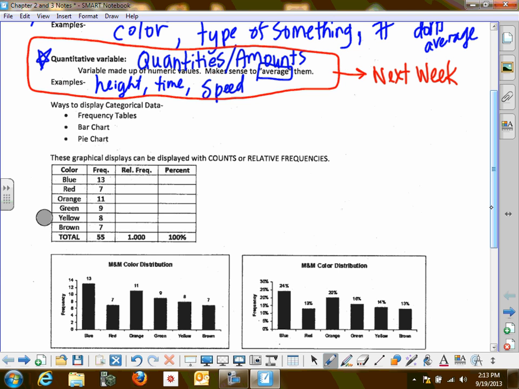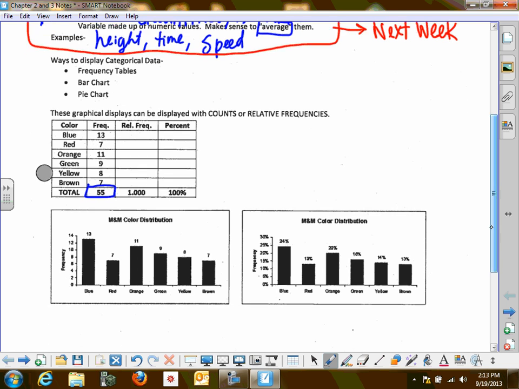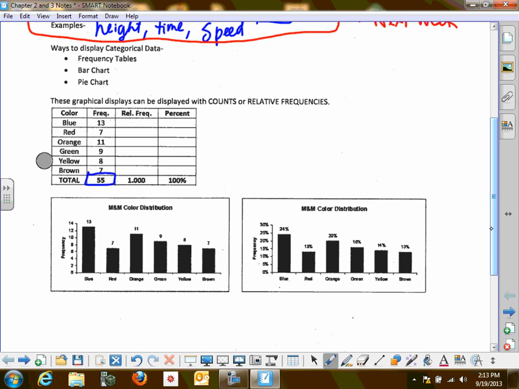A frequency table, which we have down here. This is the frequency of colors in an M&M bag. Okay, there's 55 M&Ms, and so they tallied them, and so they got this distribution of counts of those colors. Okay. So, what do you think this relative frequency is? What do you think it's relative to?